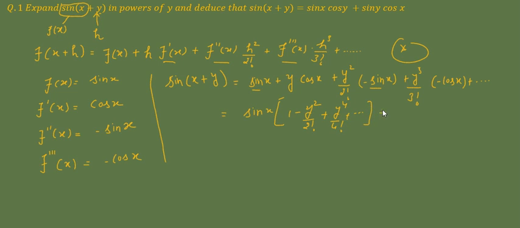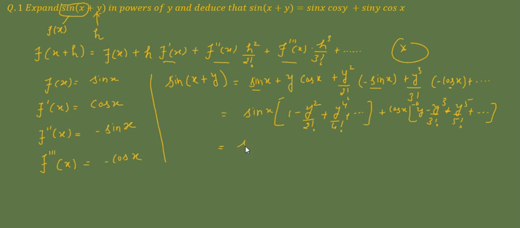Similarly, collect those terms having cos x. y minus y cube by 3 factorial, because this term also having cos x. So next will be plus y^5 by 5 factorial and so on.